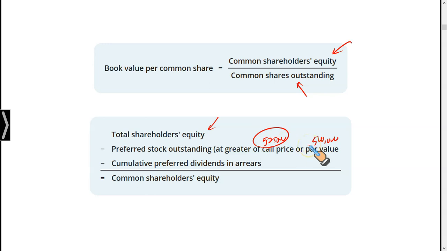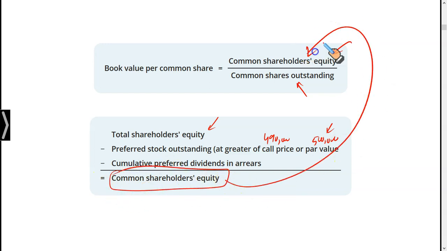Conversely speaking, if your call price is 490, then we take 500, greater of call price or par value. And if there is any cumulative preferred dividend in arrears, that needs to be deducted. So once we make the adjustment, then we come up with the common shareholder equity, and this is what is put as a numerator to this formula.